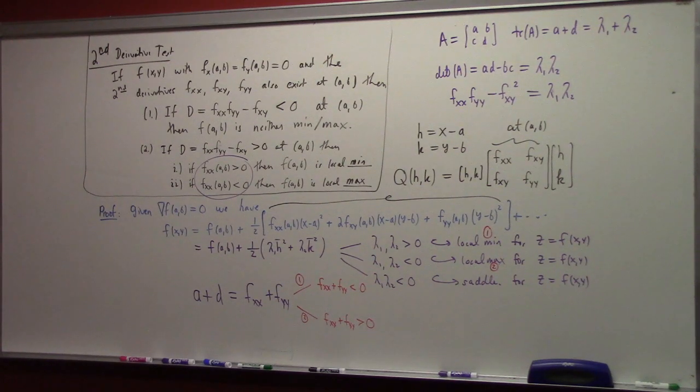So we know that their sum is negative in case 1. And what else do we know? We know the product of the lambdas. The product of the lambdas is what? It's positive.